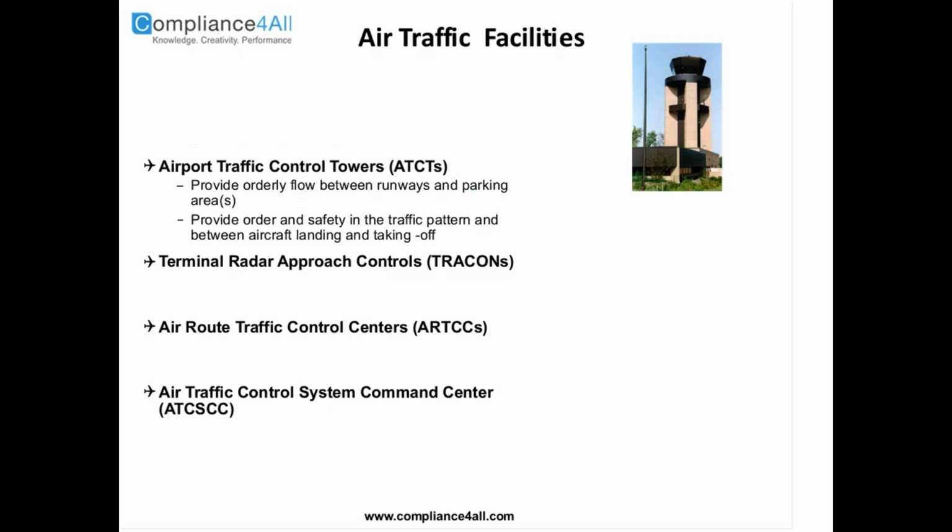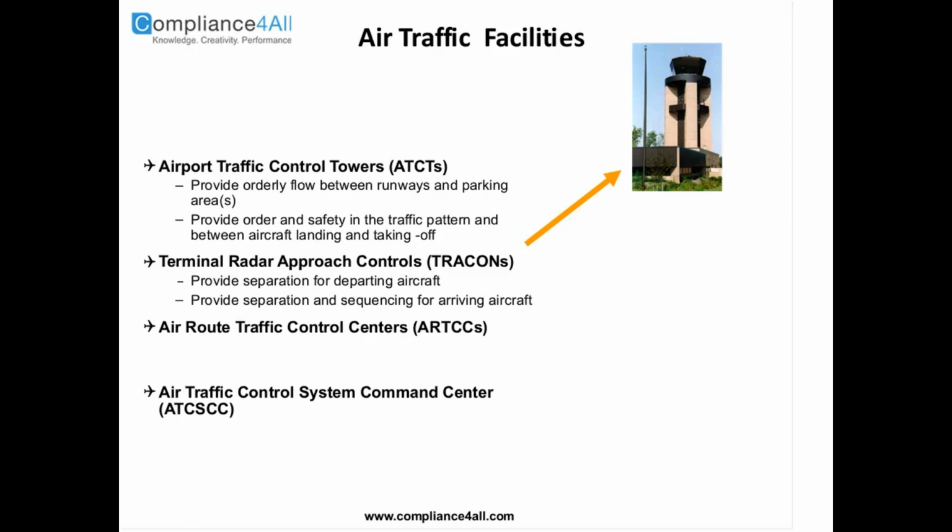The first one is the tower, which we've all seen before, the big tall structure there. It provides a rolling flow of traffic between the runways and the parking areas, back and forth. Departures going out, arrivals coming in. The next one down would be the TRACON, which we're talking about today. This one is right here, at the base of the tower in this particular configuration.